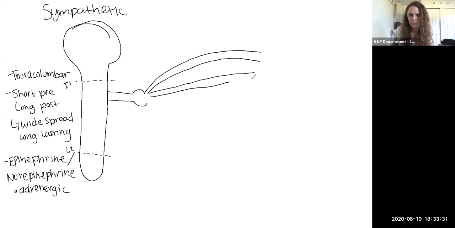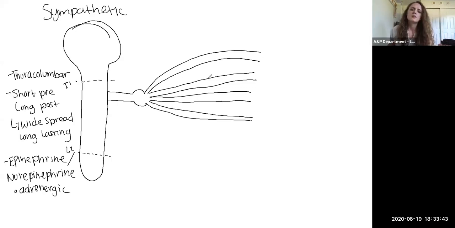2, 3, oops, 3 and 4. I might run out of room. That's okay. So your sympathetic chain ganglia, that's your first one. These go to 4 different places.